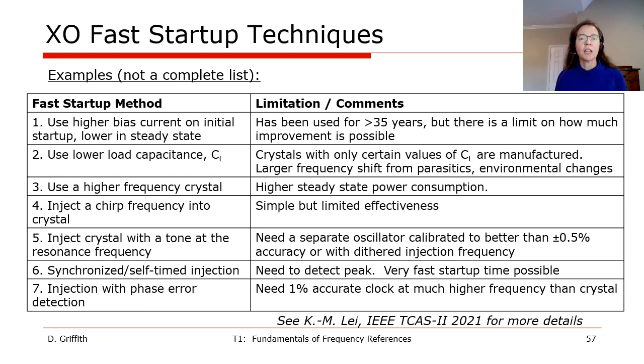Sixth, self-time injection can be used. This requires a peak detector, but gets extremely good results. Seventh, injection using a phase error detection can be used. This is effective, but requires an accurate oscillator at a much higher frequency than the crystal. This is not a complete list, but you can see that the community has been very active in the recent years trying to solve this problem.